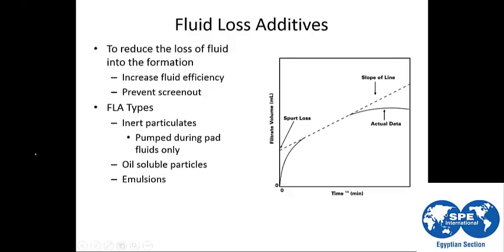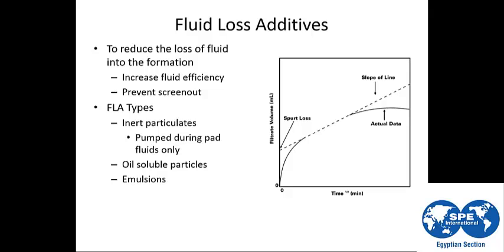There is another type of fluid loss additives, which is emulsions. As we said, the emulsion has a higher viscosity than the base fluid used to create it. So this means that once the emulsion is in direct contact with the frac face, it has a high viscosity and it will not easily pass inside the reservoir rock.